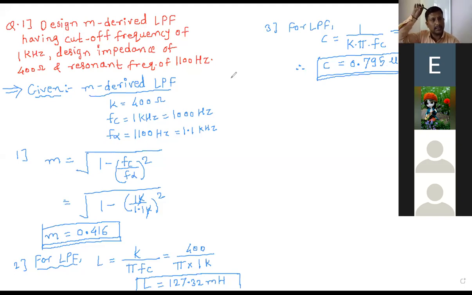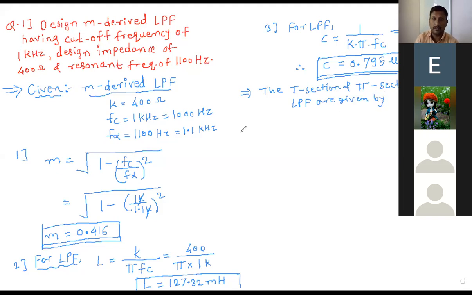Now we have to draw the T section and pi section. Okay, so T section and pi section we have to draw. Now next, the T section and pi section of the M derived low pass filter are given by, so you can draw the diagram now.